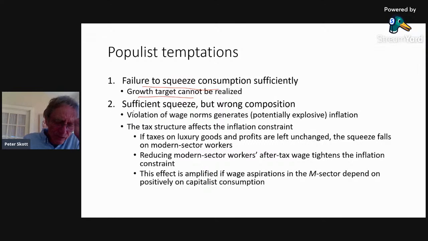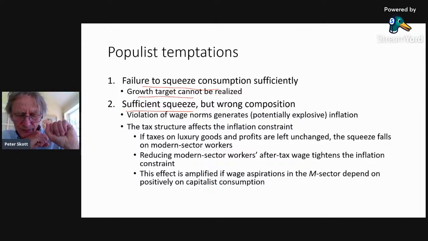But you may even get problems after a sufficient squeeze if it's the wrong composition. Let's assume you don't want to squeeze the rich, so you start squeezing the poor, being the workers in the formal sector. So you raise taxes on the workers, but that means you now violate the no inflation constraint.